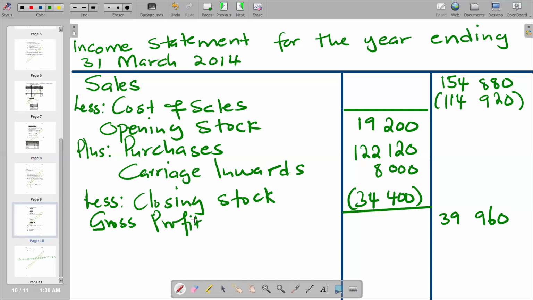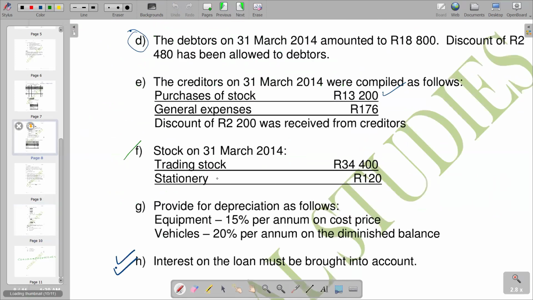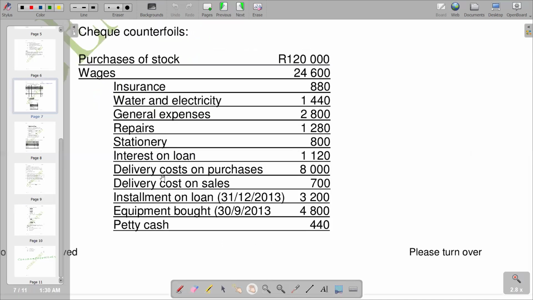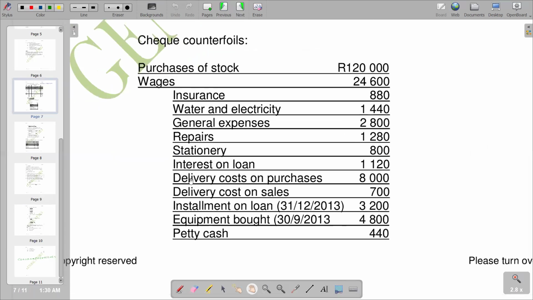After gross profit, we are supposed to go to any income that we have in the question. So here we are supposed to say plus income. We check what income we are supposed to include there. We have discount received as part of income, commission received if it's there.